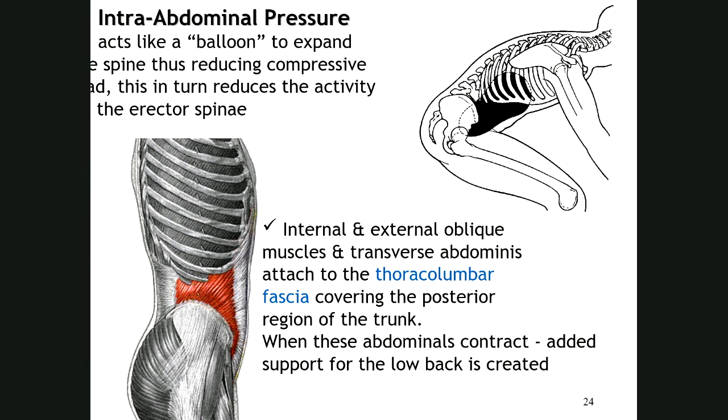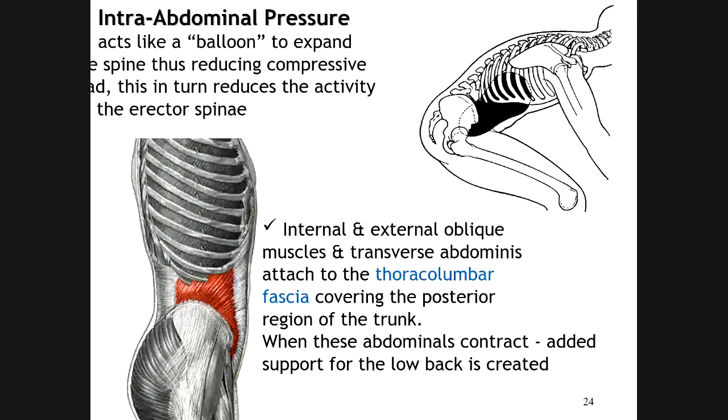Yes. Okay. Did anybody need me to repeat the illustration that I use for the bucket? Or you got it? Sure. So that intra-abdominal pressure creates like a balloon effect to help expand the spine and reduce any compression that is being put upon the spine.